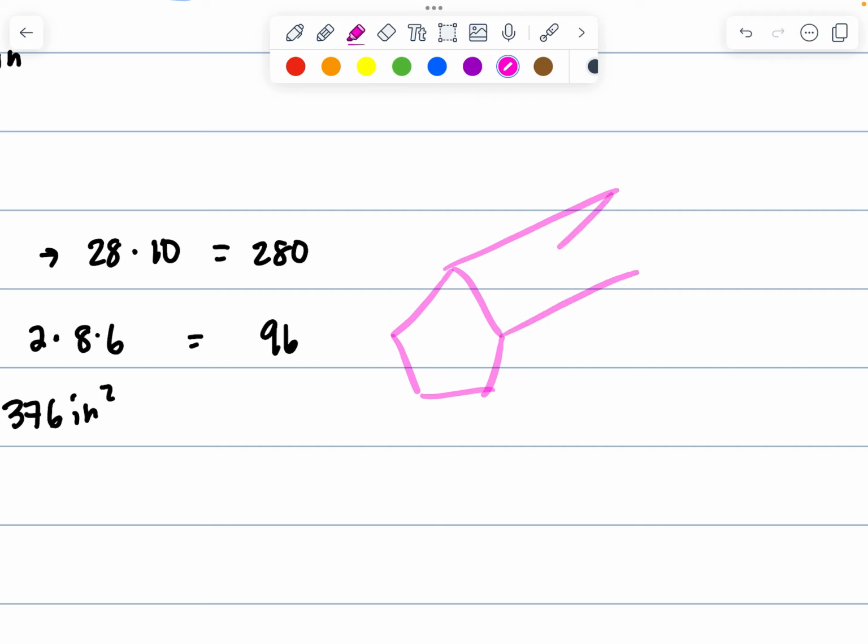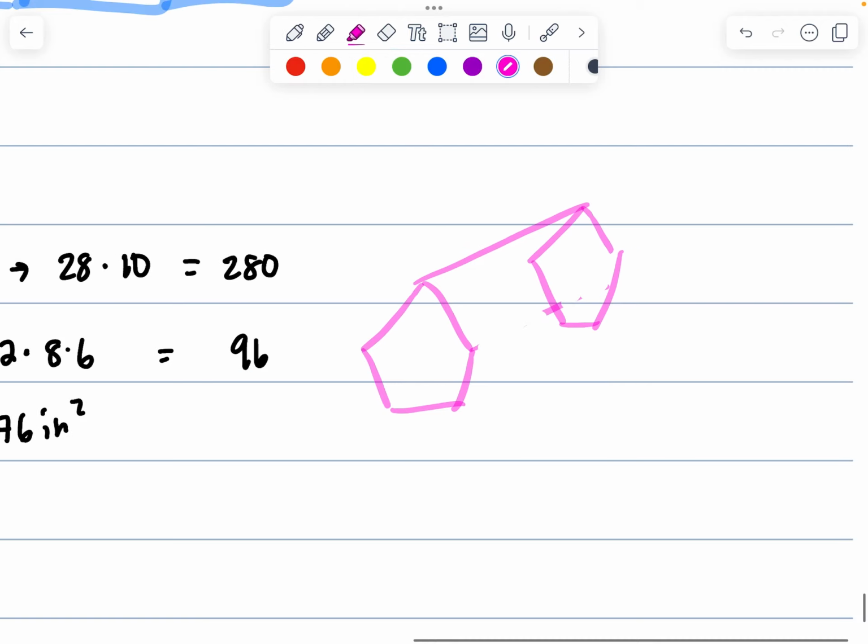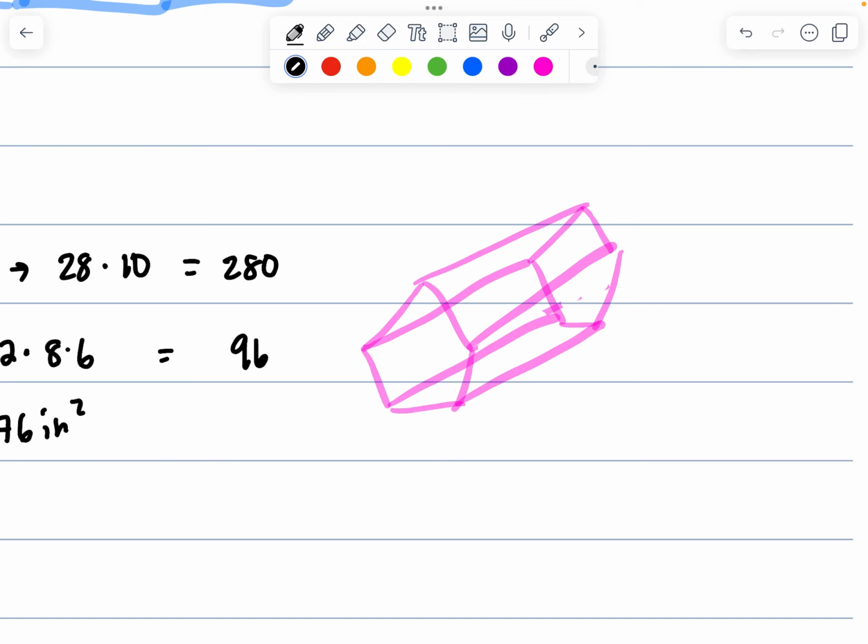We have a pentagon drawn here. This is a bad drawing, but you hopefully can see this. The pentagon is the actual bases, okay? Base of a pentagon.